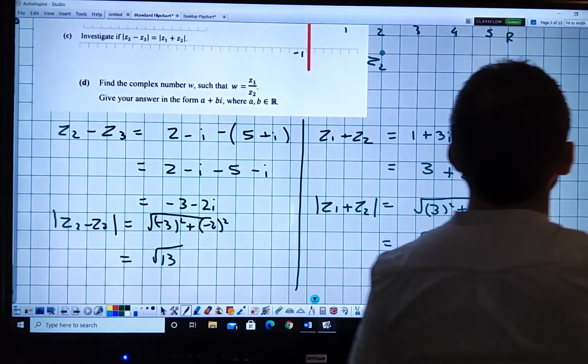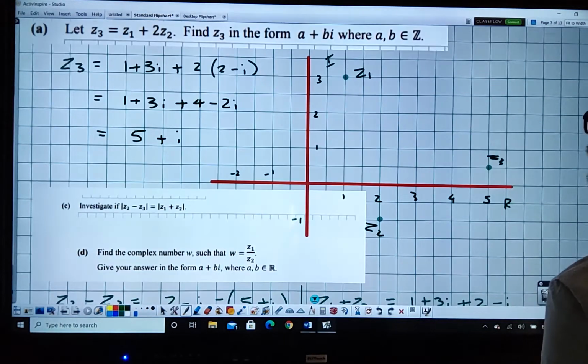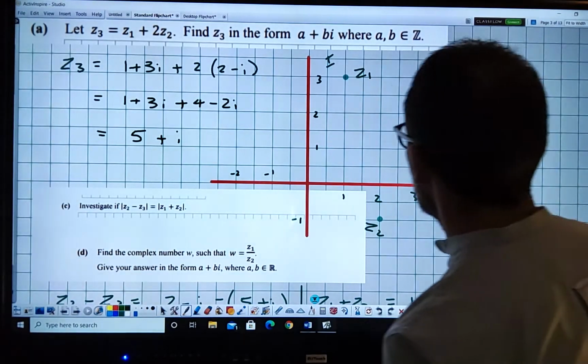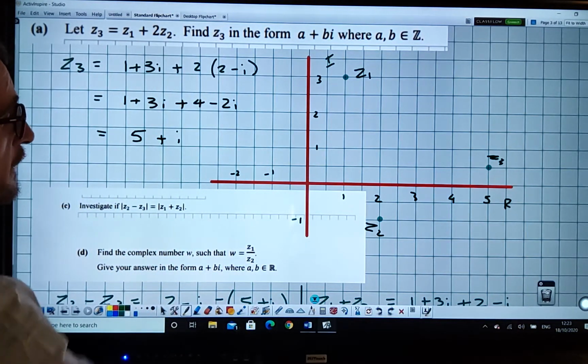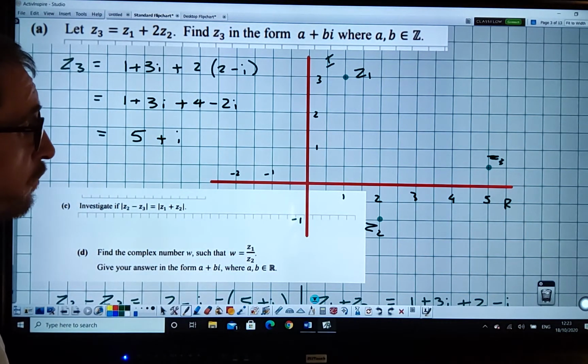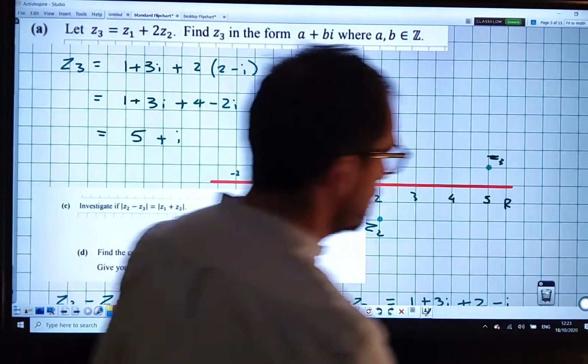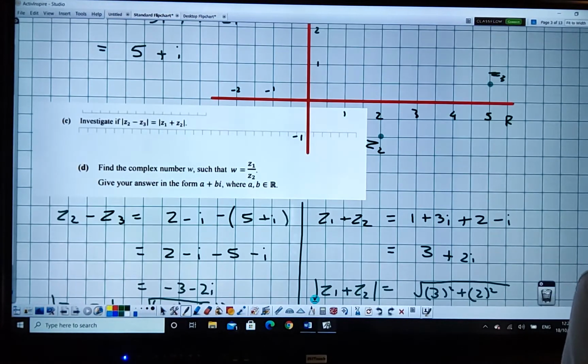Now, just to show you how this works, okay? z1 plus z2 and z2 minus z3, when you take the modulus, they're the same distance from the origin.